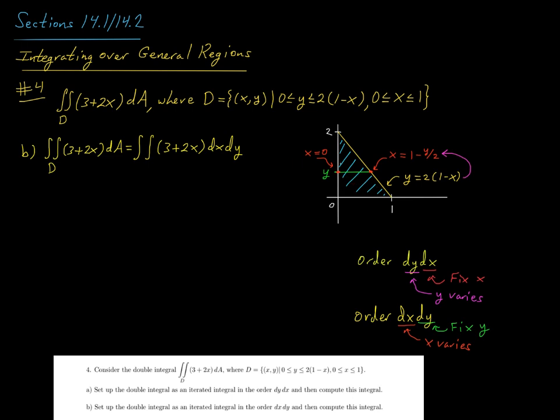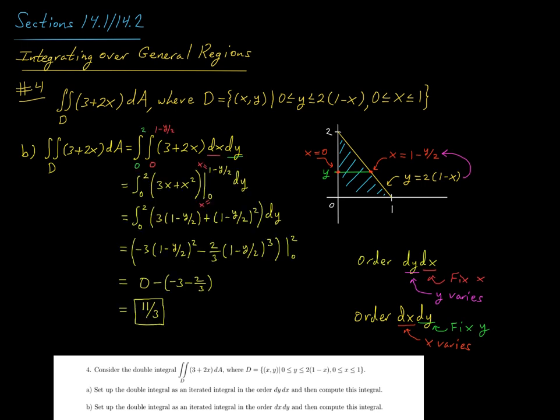So fill out that region D with these horizontal strips, and the rest of the calculation is very similar, so you may want to pause the video and work through it on your own and then check your answer. But again, x varies from 0 to 1 minus y over 2, y is varying from 0 to 2, and then we just compute that integral in a similar manner. And of course, we still get 11/3 for our answer. So it agrees with part A.